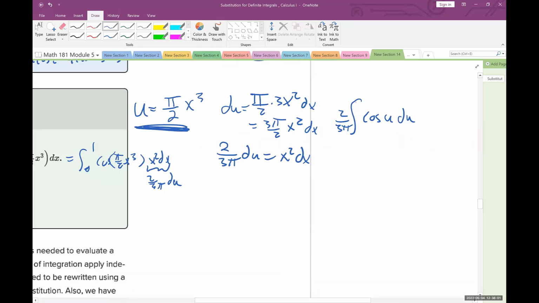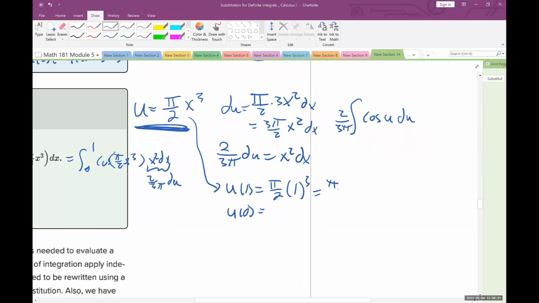Since u has been defined to be pi over 2 x cubed, I need to look at u defined at 1 and u defined at 0. So if I put 1 in there for the x, it's pi over 2 times what? 1.